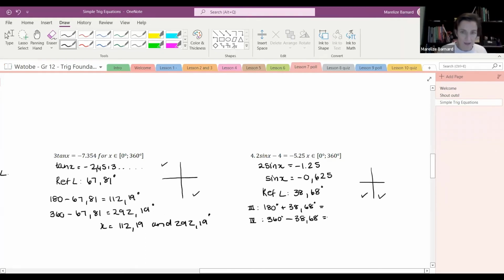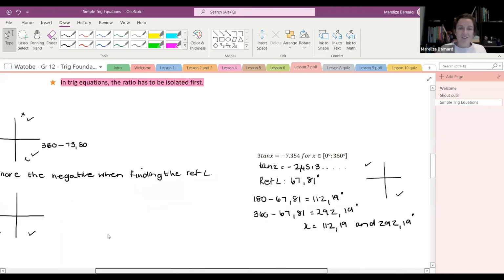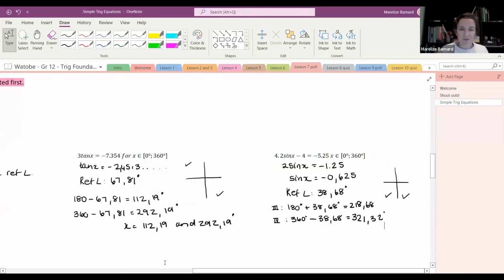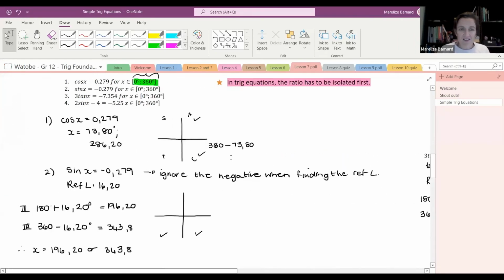So 180 plus 38.68 is 218.68. I see many of you agree with me. And then the 360 minus 38.68 is 321.32. Okay. Wonderful. Well done to everybody who tried it and who got those answers. That is really good.